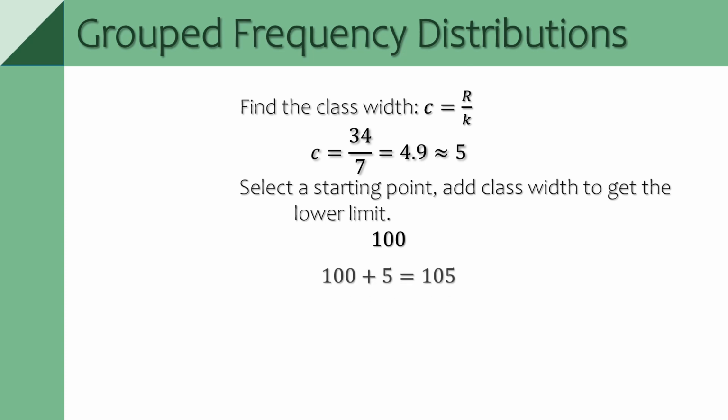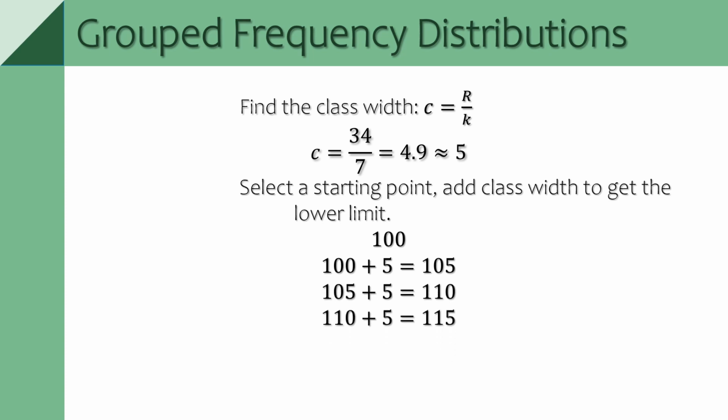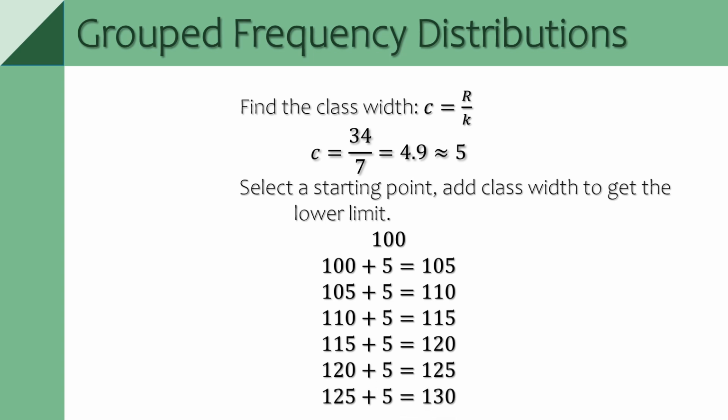So 100 plus 5 is 105. 105 plus 5 is 110. 110 plus 5 is 115. 115 plus 5 is equals to 120. 120 plus 5 is 125. And then last one, we have 125 plus 5 is 130.